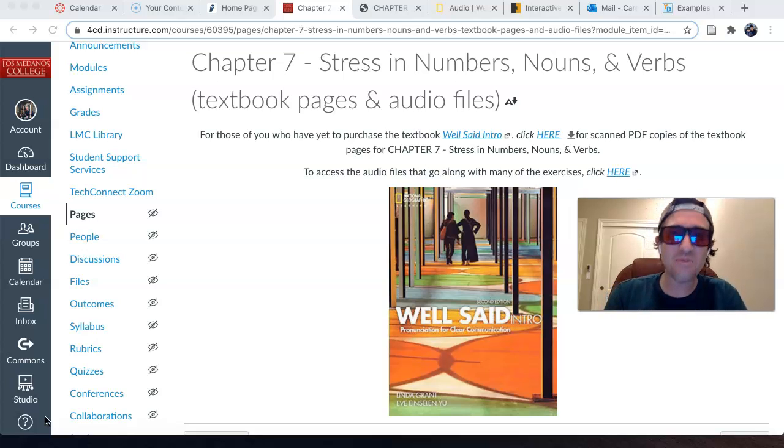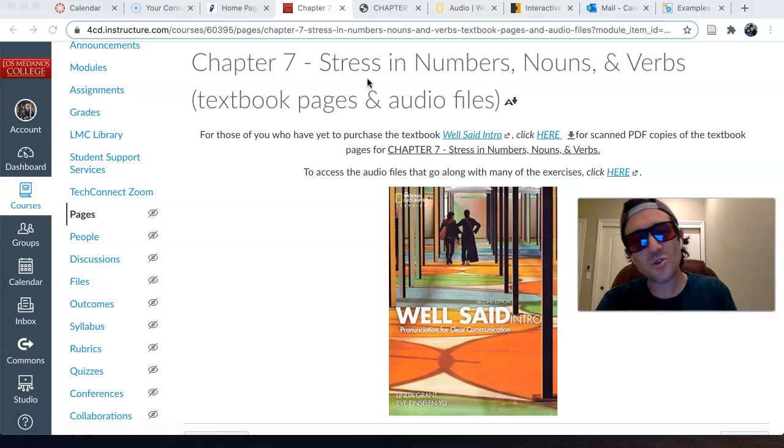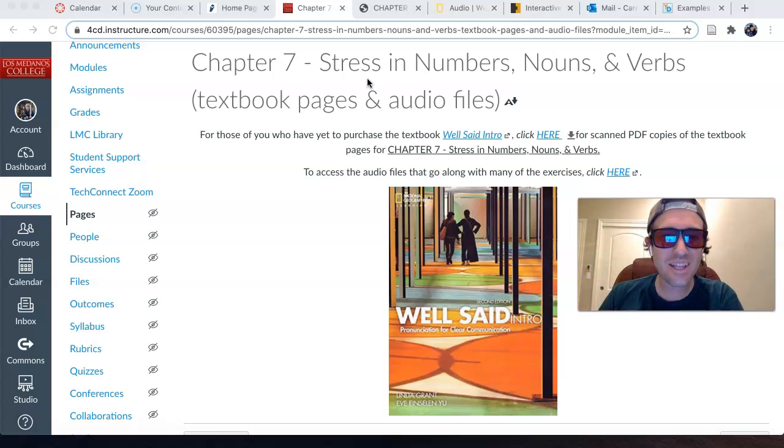Has that ever happened to you, where you feel like you're not pronouncing a particular word correctly? I guarantee that is probably because of word stress. So that's what we're going to focus on in this chapter, and hopefully your word stress will improve, and those situations will not be as common in your conversations day to day.